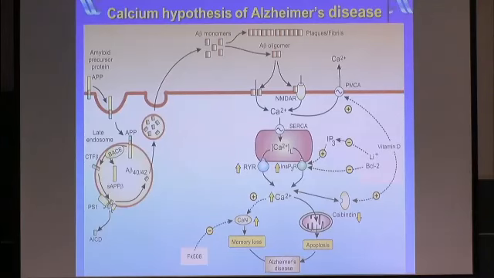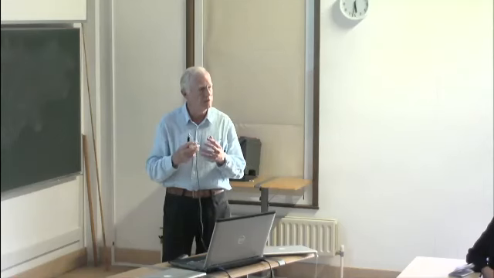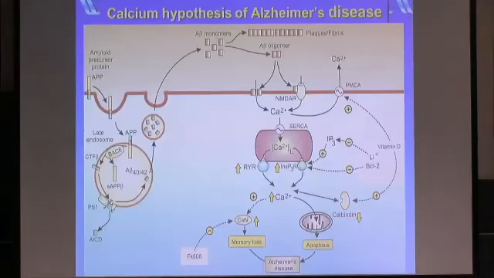Later, when the calcium starts rising up above 300, it starts activating the mitochondria, and the mitochondria are key organelles with regard to cell death, because if they see too much calcium, they activate apoptosis and the neuron dies. But this is a much later phase in cell death in Alzheimer's disease.